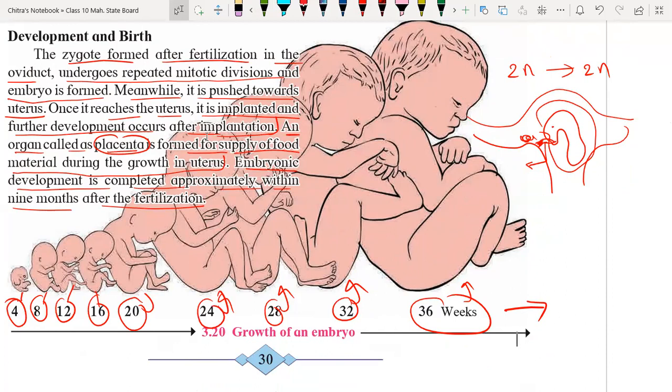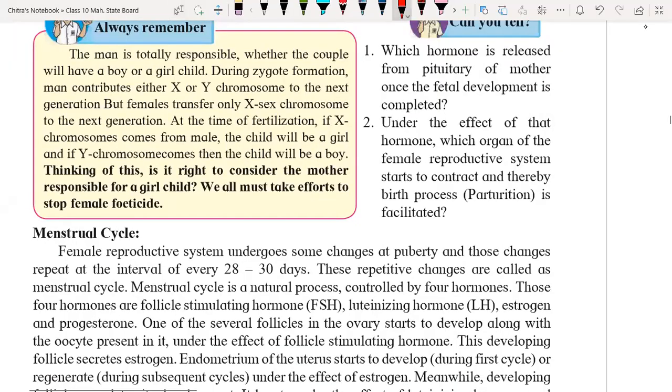Sir, I had a doubt, so I asked you in the chat box. Wait a second. Let me check. Okay. Always remember, the man is totally responsible in a couple for having a baby boy or girl. Only the male is responsible for that, because during the zygote formation, the man contributes X or Y, is it or not?